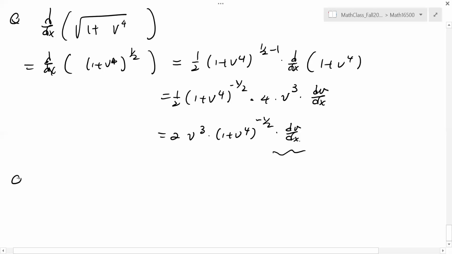Okay, let's do the next problem. Find the derivative of x.